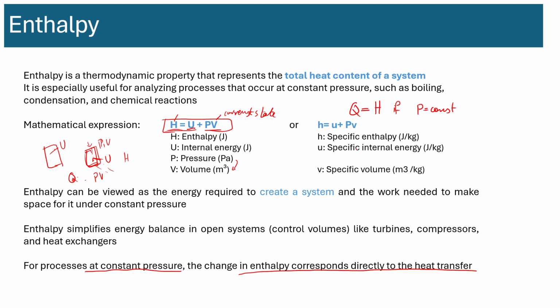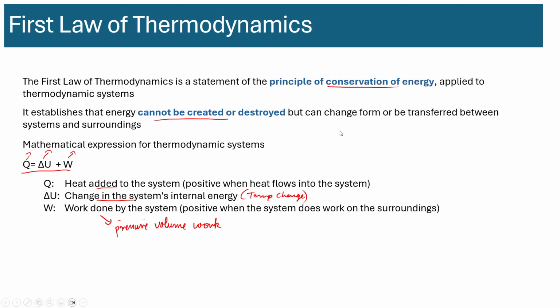You remember the previous equation where Q is delta U plus W. If P is constant, then delta H is equal to delta U plus W. In such a scenario, W is P delta V because P is constant, and you get that equation that you've probably learned before in your previous classes.